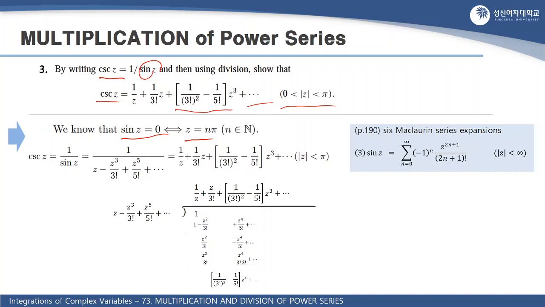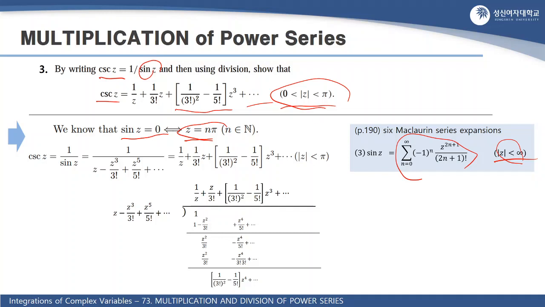We know that sine g can be expanded by this formula, which is exactly the Maclaurin series with this validity condition. But we do not want to include the singularity, so we need to exclude it from this condition. Then we get this validity condition, modulus g is greater than 0 and less than pi.